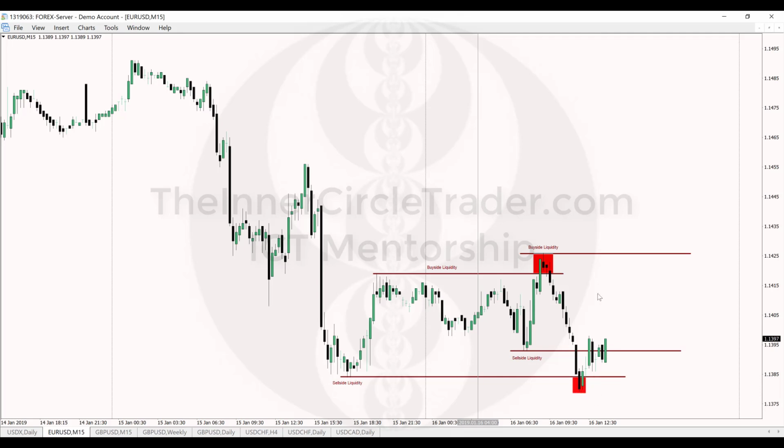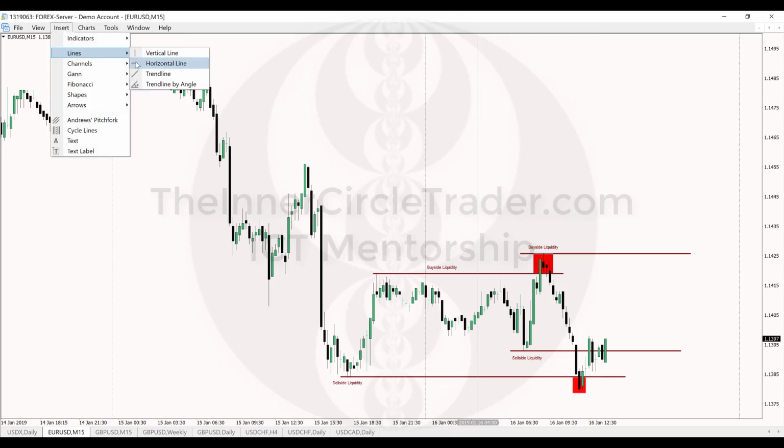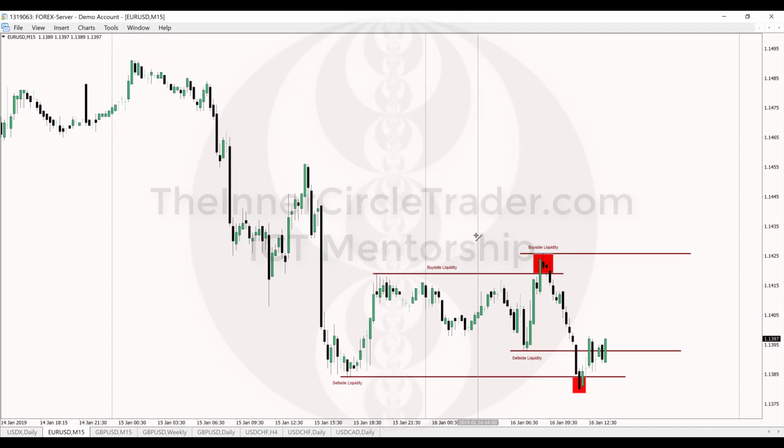What we're looking for is, we want to see if the market has enough energy, or classically referred to as momentum, if you want to call it that, to get above the mean threshold of this breaker.